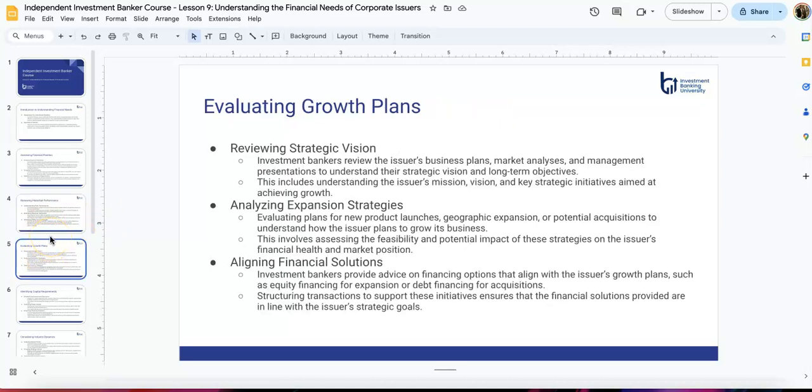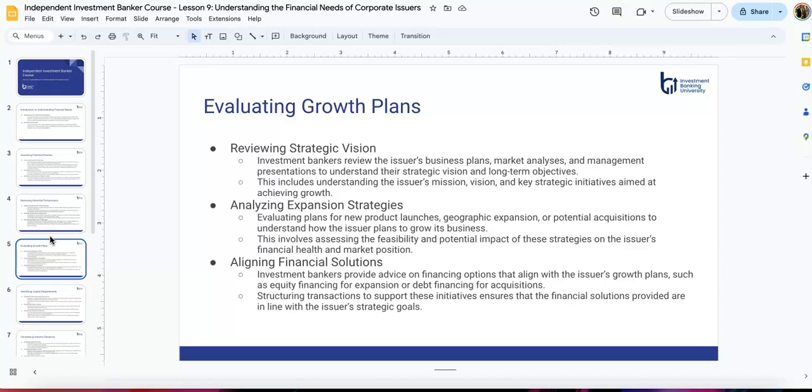So now that we understand where they're at right now and where they've been, we can start to lay the foundation of where they'd like to go. This means understanding their strategic vision and reviewing their business plans, market analyses, management presentations, all of that good stuff, to understand the mission, vision, and strategic initiatives aimed at achieving growth, that strategic plan that's happening on an annual basis.